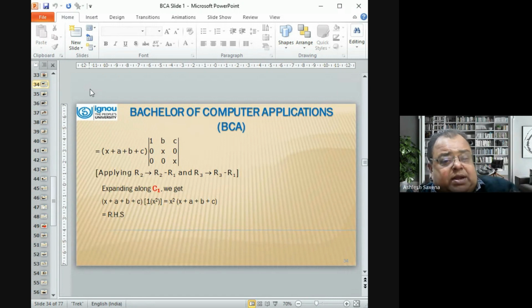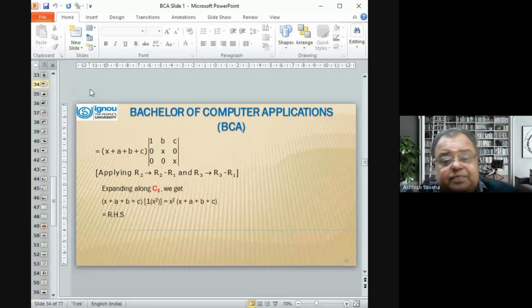After performing that operation, we are left with 1 b c, 0 x 0, 0 0 x. As the maximum number of elements are 0, only the diagonal will be left. You will be multiplying x by x. That will be x squared, and you will be getting the answer within 4 steps.